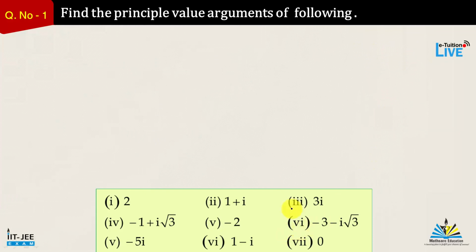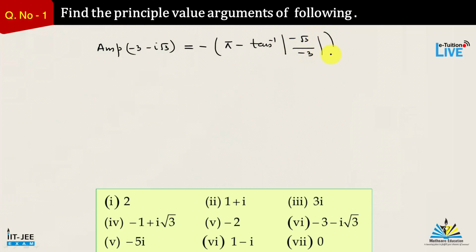For the fifth one, for the amplitude of minus 3 minus iota root 3, you can see this lies in the third quadrant, so we will follow the rule of the third quadrant, that is minus of pi minus tan inverse mod of y upon x, that is minus root 3 upon minus 3, and that is minus of pi minus tan inverse 1 upon root 3.